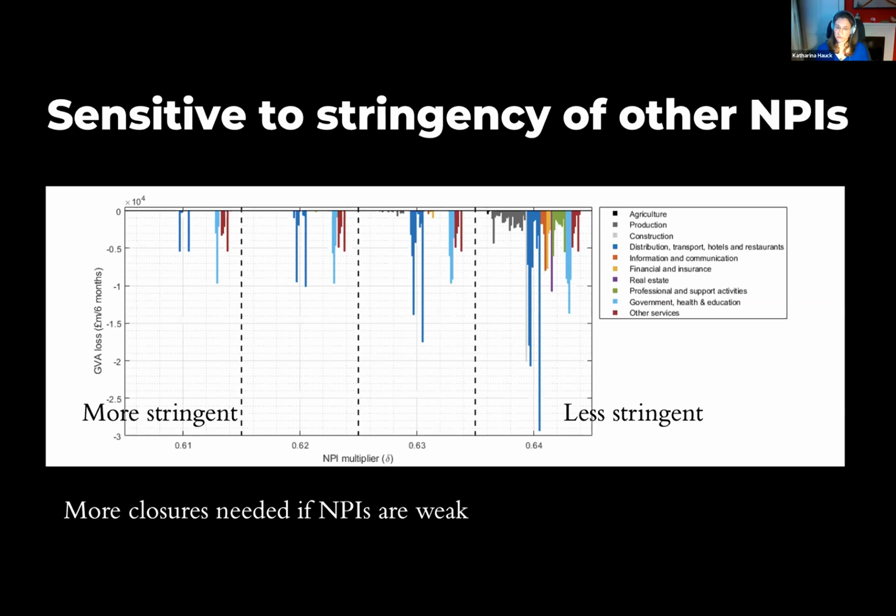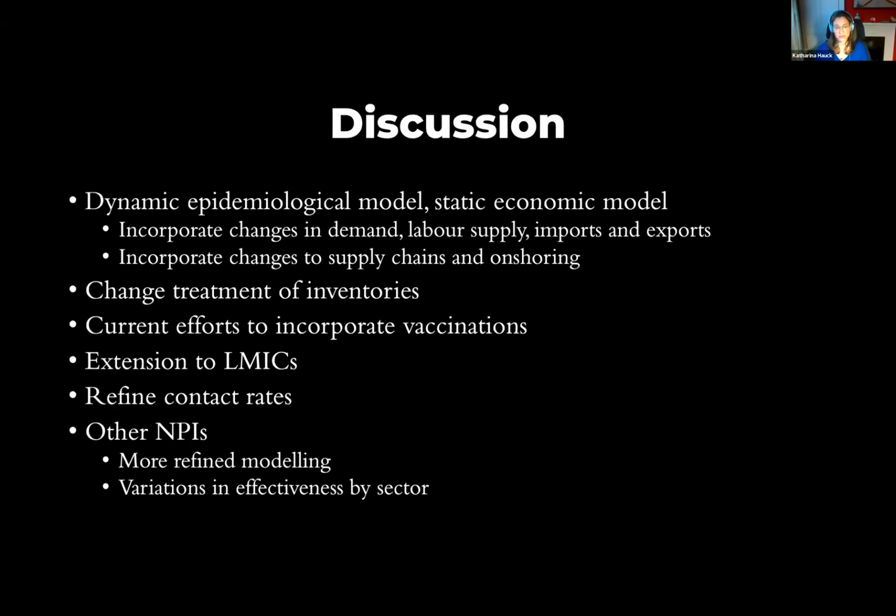This multiplier is informed by the adherence to NPIs that was observed during the lockdown, and you can read in our report how exactly we did that. But we can see that we are moving in a very narrow path between more stringent and less stringent adherence to NPIs, and this shows a further trade-off between social liberties and the outcomes on GDP and on deaths or hospitalizations. Next slide, please. So this is my last slide.